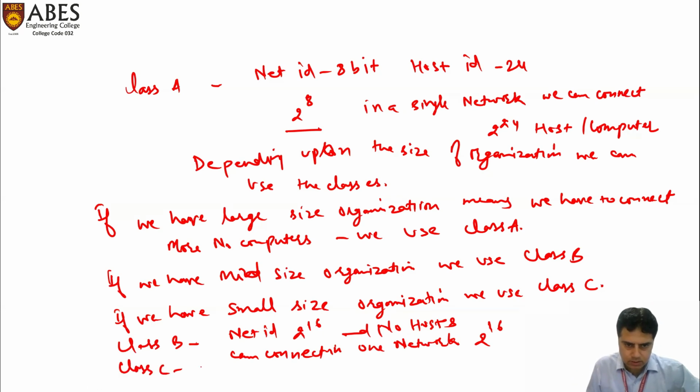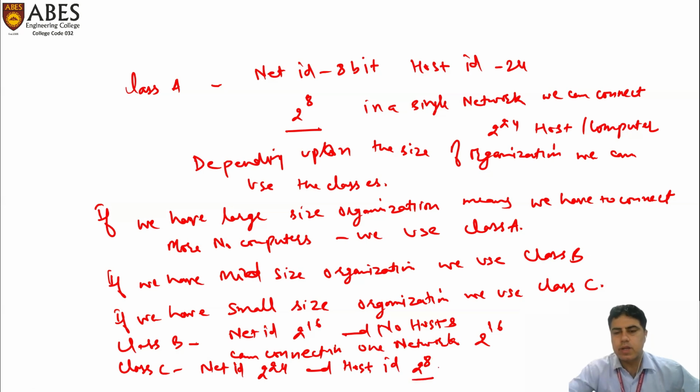For class C, network ID is of 2 raised to the power 24, and host ID is 2 raised to the power 8. Means we can connect 2 raised to the power 8 computers together.